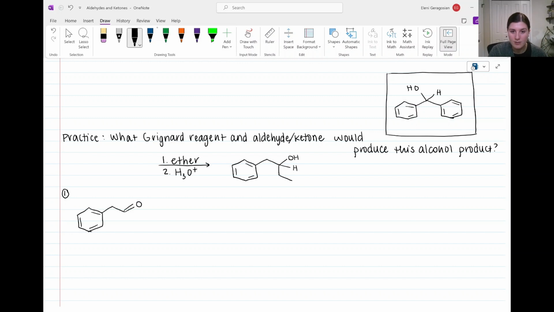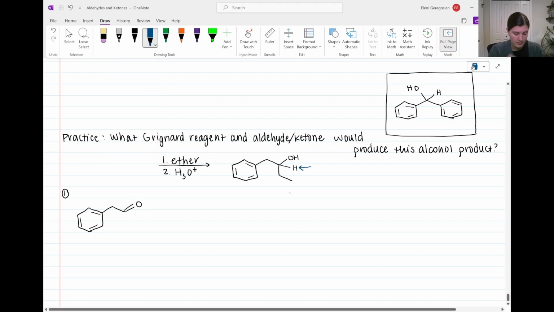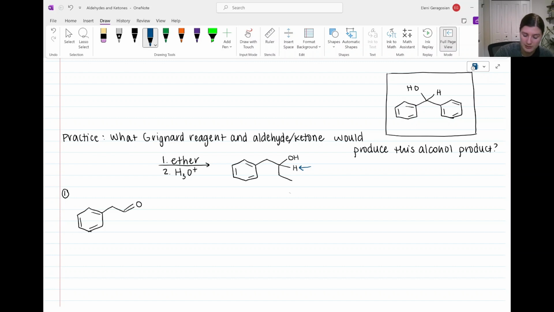Well, if that's the case, in the Grignard reaction we are adding a carbon chain, so that hydrogen right here that's bonded to what I know is the carbonyl carbon, based off where the alcohol group is, indicates that the starting material was an aldehyde, because we are not adding any hydrogens to the carbonyl carbon, or what would have originated as the carbonyl carbon.